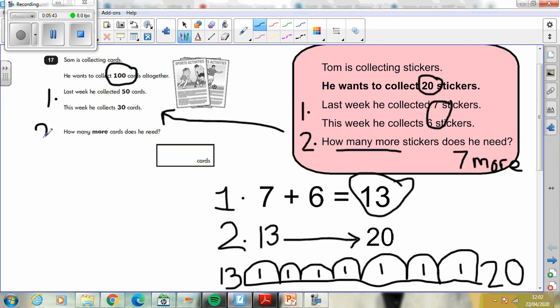Step 2 will be to work out how many more. Okay, so for step 1, how many does he have? That would be 50 plus 30.